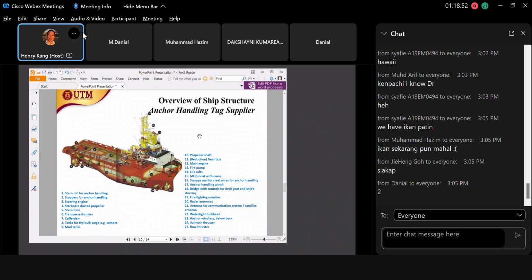They also have ships such as the offshore supply vessel, the platform supply vessel, and also ships for subsea surveillance, sonar, and also tugboats. Such ships are for specific functions in our maritime industry.